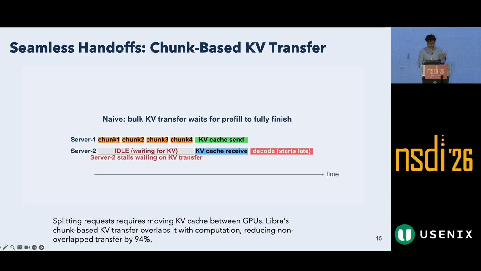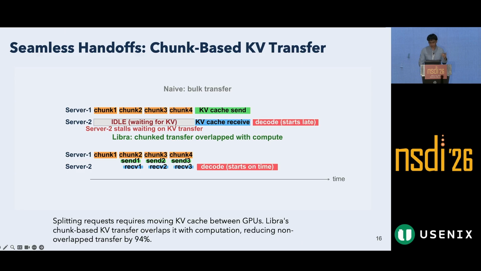The last piece is the carry transfer. The traditional KV cache transfer starts at the end of the prompt prefilling. However, since we have transformed the request into several chunks, here we stream the KV in pieces.